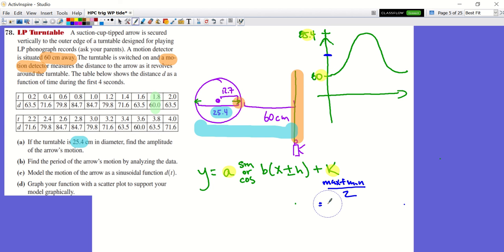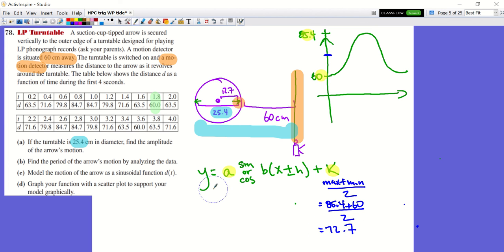And that's going to be 85.4 plus 60 divided by 2. Now, 85.4 plus 60 divided by 2 gives you 72.7, okay?